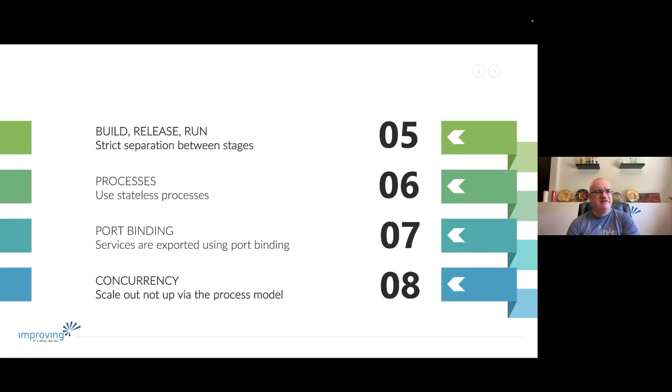Number 5 is build, release, and run. So we're going to strictly separate out each of the different phases of our application, and we're going to control those so that our build environment is probably not the same as our runtime environment. I often use what's called continuous integration, continuous deployment platforms for doing my build services.